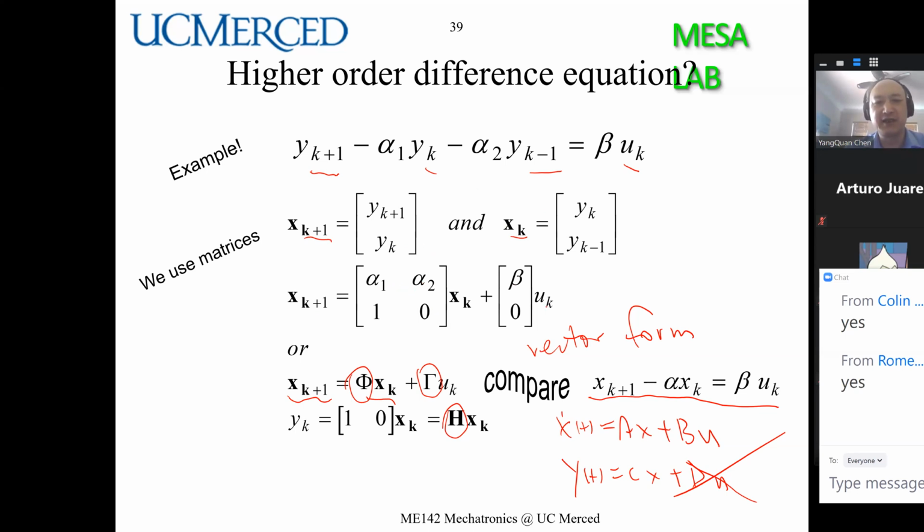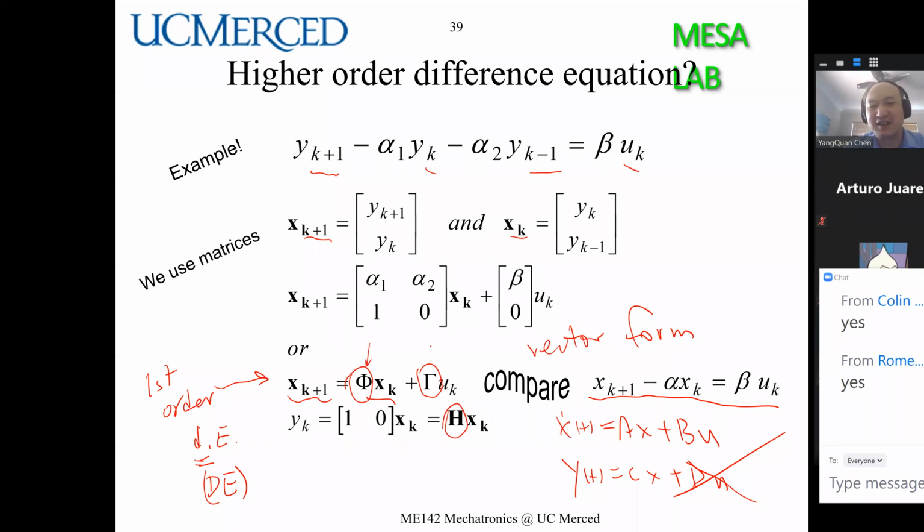You have beta in here. So in the end, you can always write this as a vector form of a first order difference equation. So I use a small d for difference equation. Capital D is a differential equation, okay? Capital D is differential equation. Small d is a difference equation.